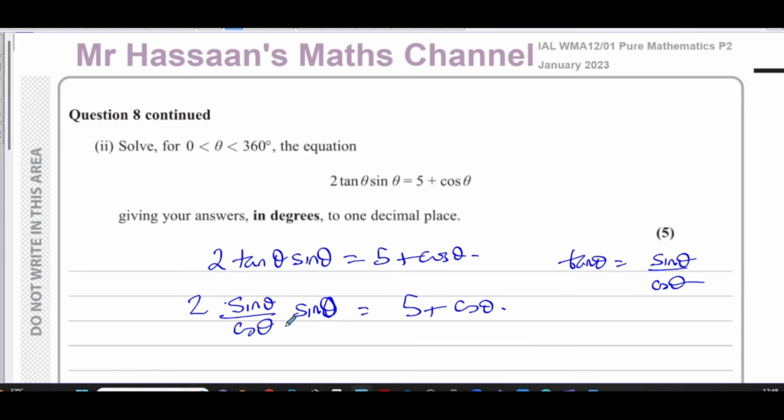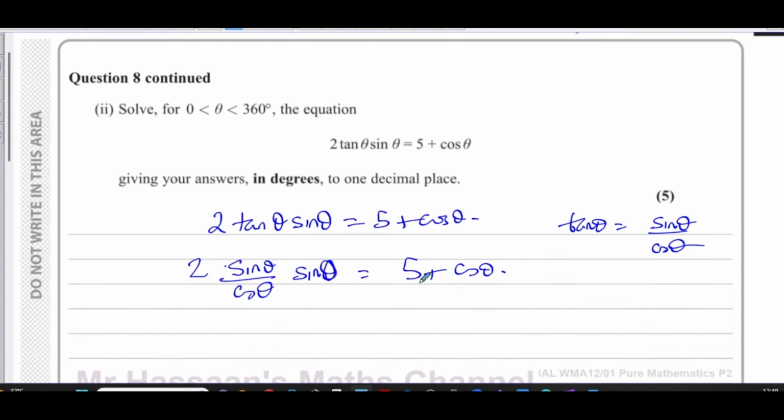Now if I multiply both sides by cosine theta to get rid of the fraction on this side, I'll have 2 times sine squared theta equals 5 plus 5 cosine theta plus cosine squared theta.